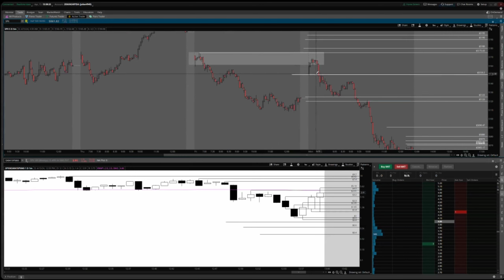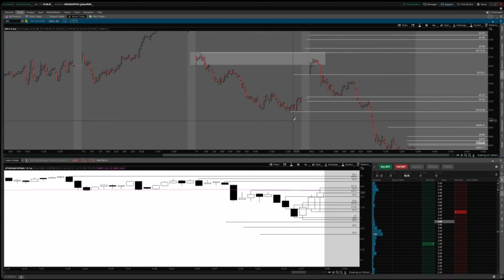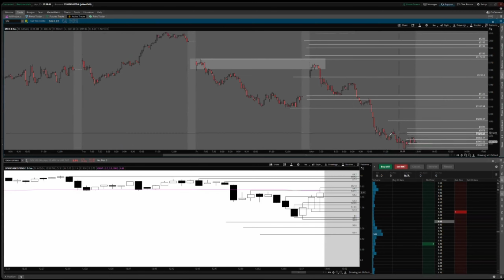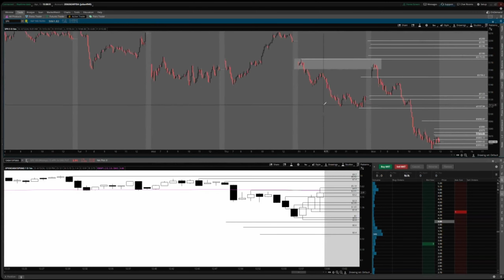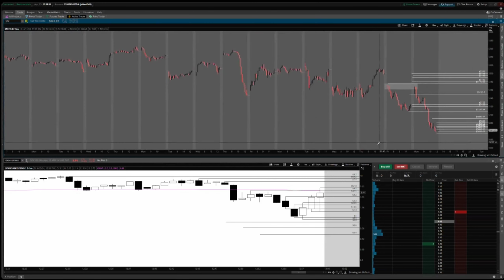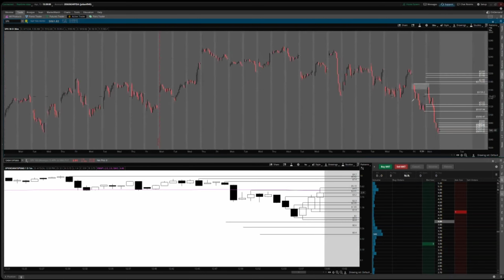So once I saw this, my next immediate thought was, okay, we're going to go for a gap fill. And if we get a gap fill, my next target is going to be Friday's lows, which is going to be 51.10 or 51.05. If you keep looking further back, on the 30-day, 30-minute, here we go.